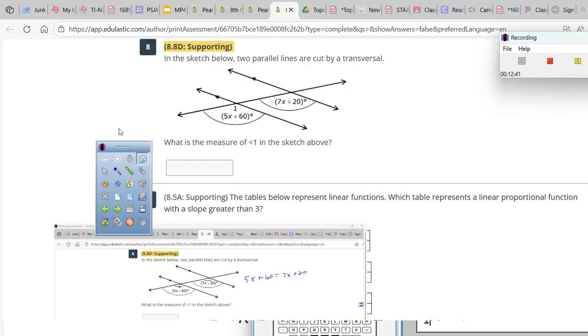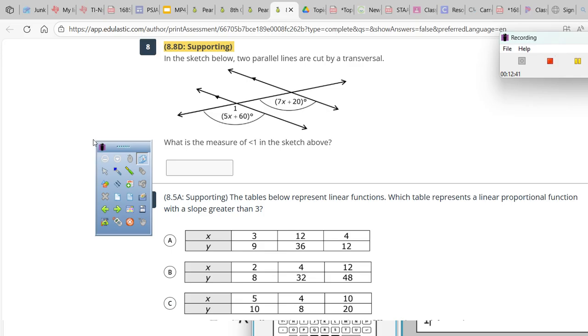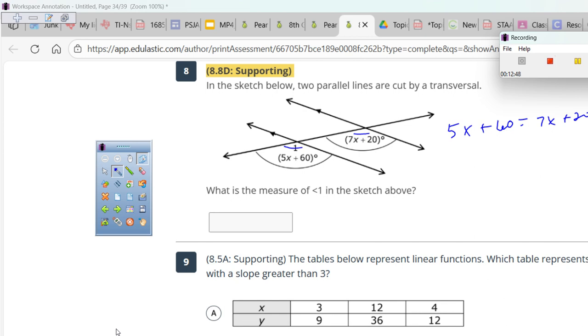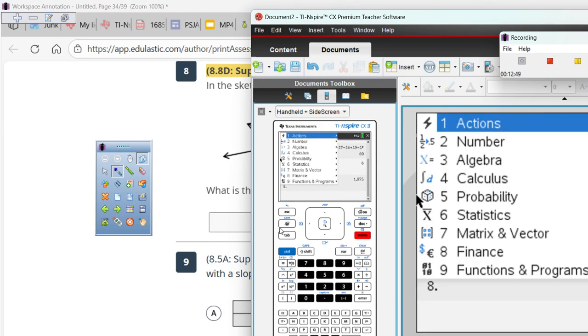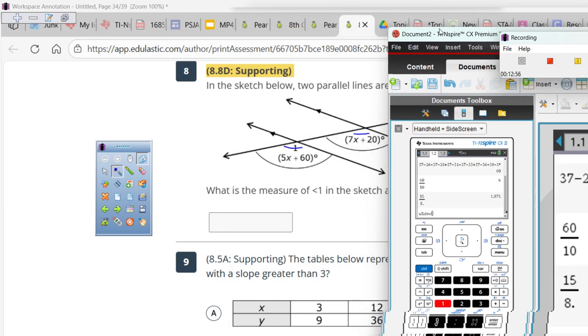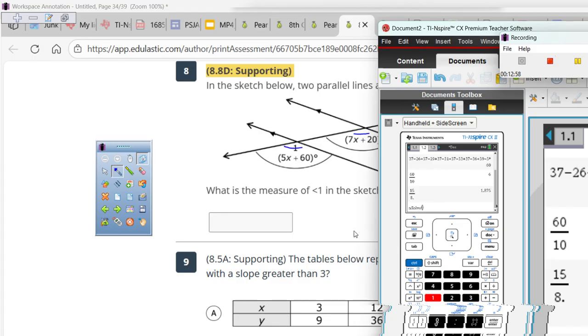So we get the calculator. I'm going to use my advanced menu, 3, 1, and type in the equation: 5x plus 60 is equal to 7x plus 20, then comma, x.